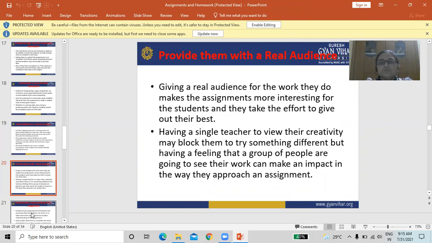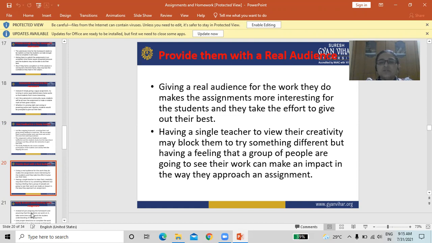Provide them with a real audience. Give a real audience for the work they do. Make the assignment more interesting for the student and they take the effort to give out their best.